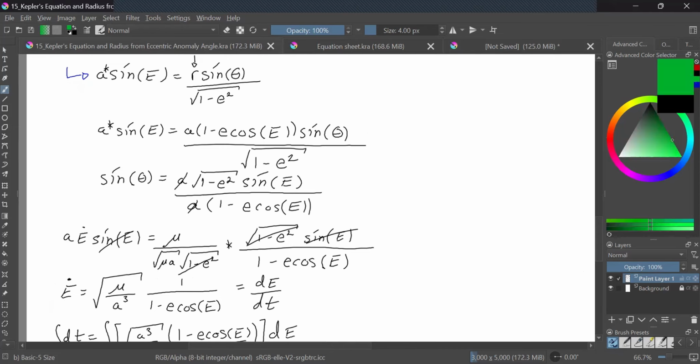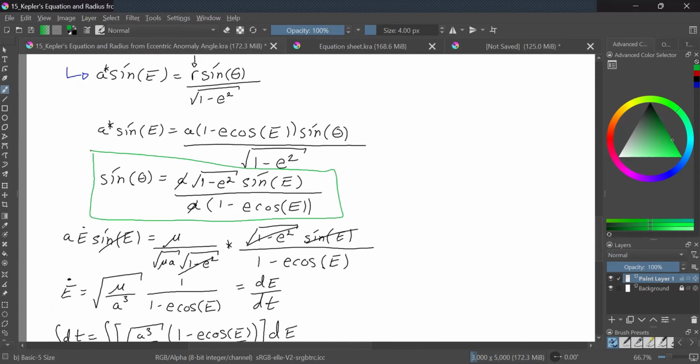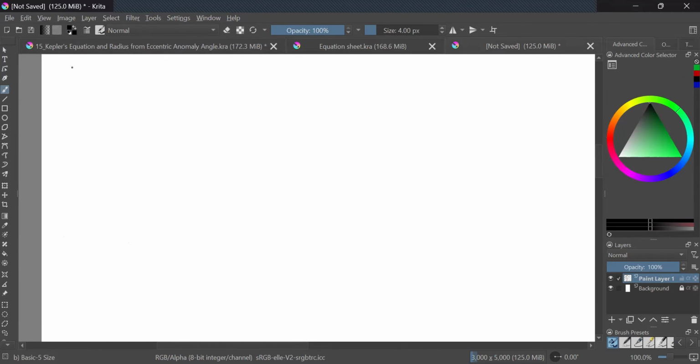In fact, that answer is right here. I'm going to rewrite it so that it's not as messy with all of these crossed out terms in it. So give me just one moment.